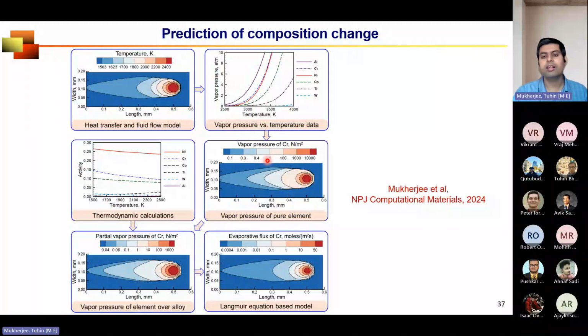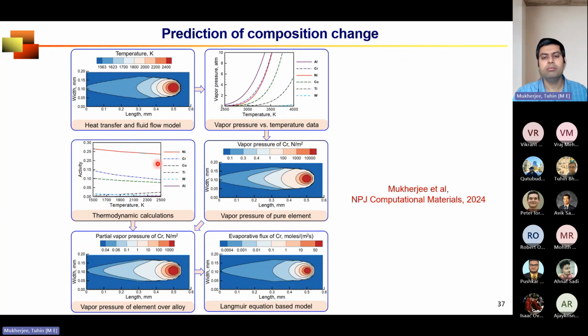But that is not the vapor pressure of the alloy, because there are all other elements. What we need to know is the thermodynamic activity of the individual elements inside that alloy. We can do that by using any CALPHAD package, FactSage, Thermo-Calc, you name it, you will get this.